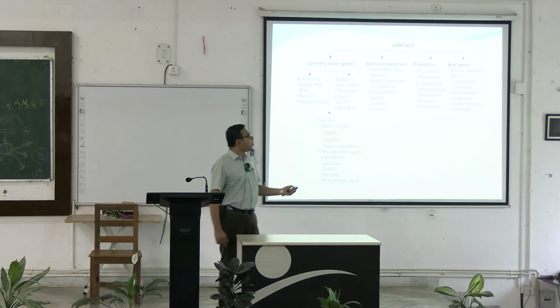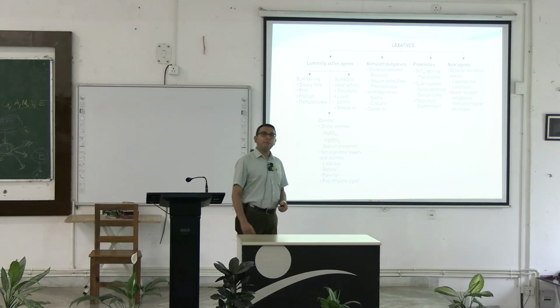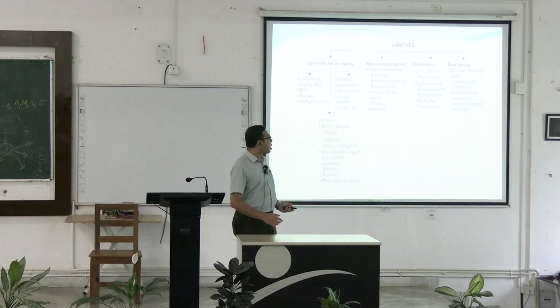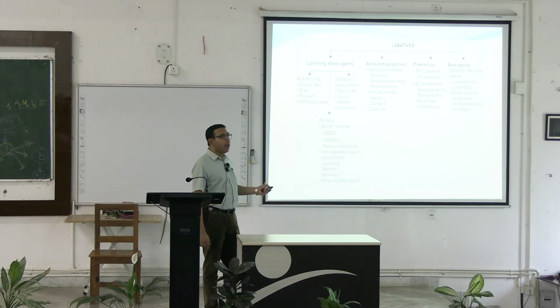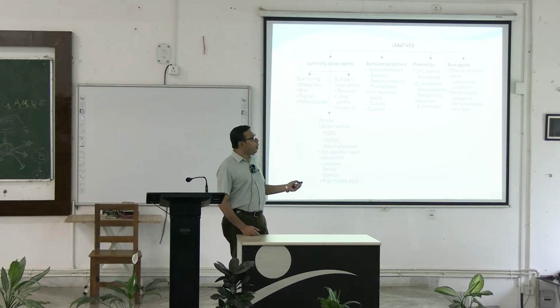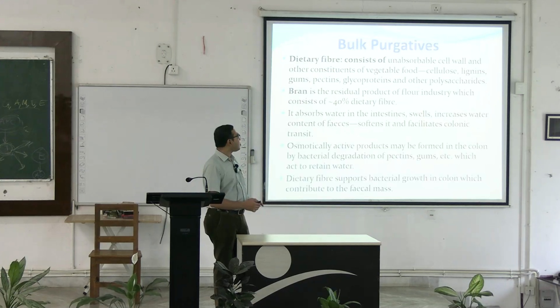Some opioid receptor antagonists like methylnaltrexone, alvimopan. Apart from this, there are some other newer drugs also. We will discuss this. So this is the main classification of the laxatives. Remember the names of the newer drugs like prucalopride, lubiprostone, linaclotide, alvimopan, methylnaltrexone, elobixibat.